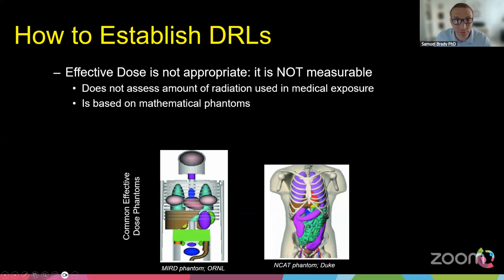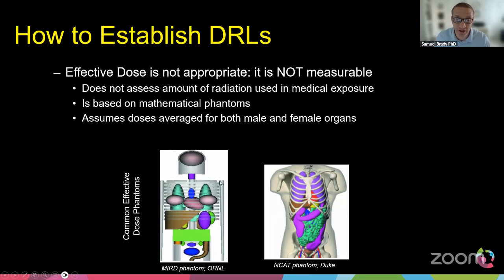They're very helpful for us to understand population dose values, but the problem is they're averaged among the genders. So each of these phantoms contains both male and female sex organs, so that when we calculate the effective dose for the population, it's not specific to any one gender, it's averaged for them both.